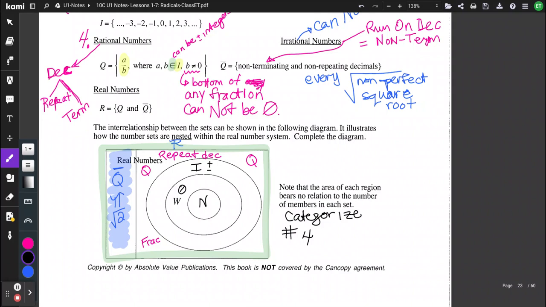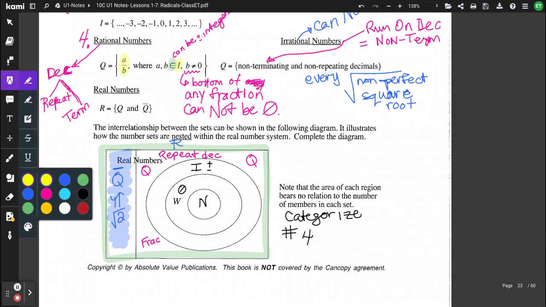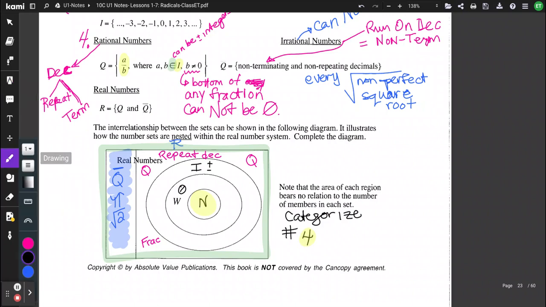So number 4 is going to fit right where? He's going to fit into this. The 4 is going to fit into the naturals. Well, if he fits into the natural, that small one, that means he's also a whole number, he's also an integer, and he's also a rational. So the number 4 would categorize as natural, whole, integer, rational, and real.